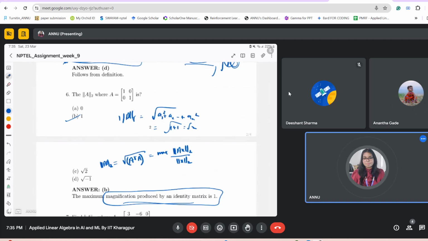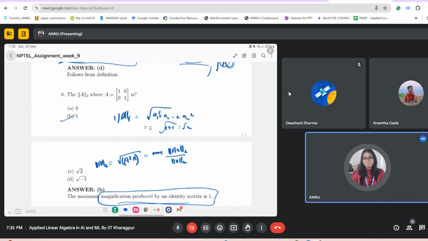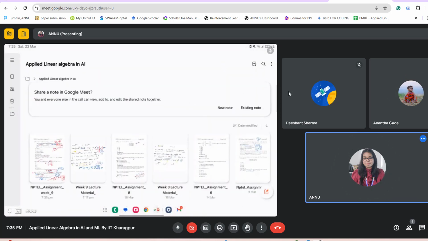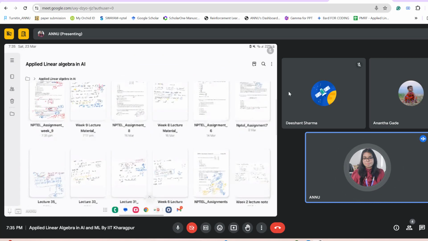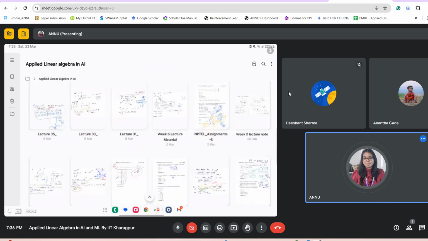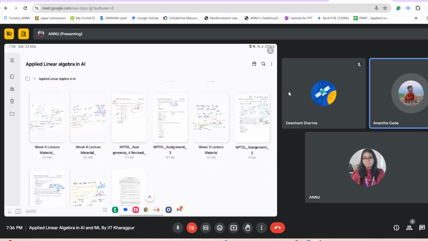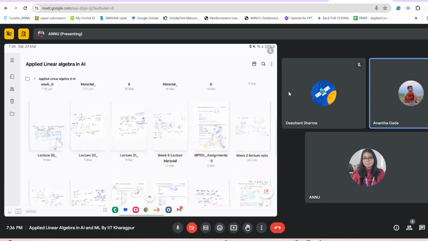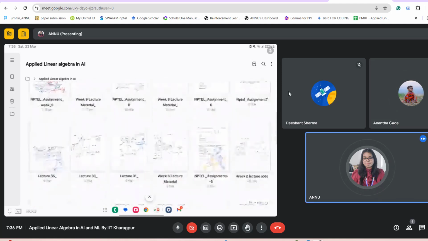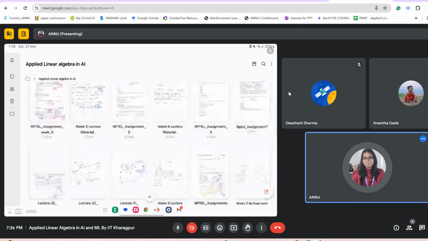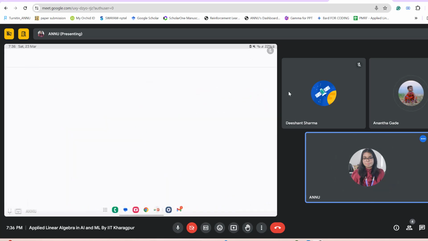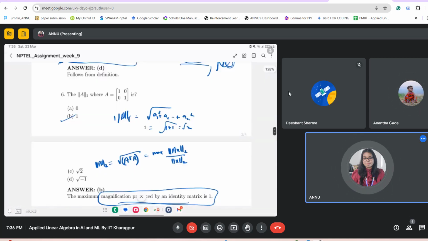Yeah, I think in some of the weeks, sir only gave this formula. I think week 7 or something like that. Because we are taking the square root of a square matrix. I'm sure about this particular formula, the second formula that I told.